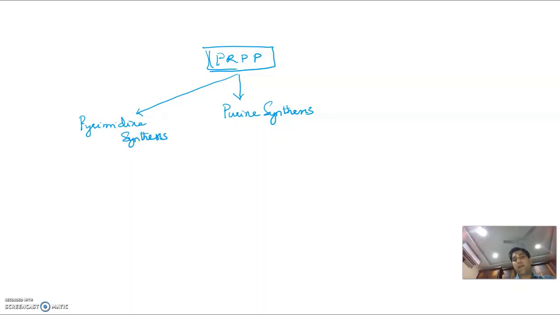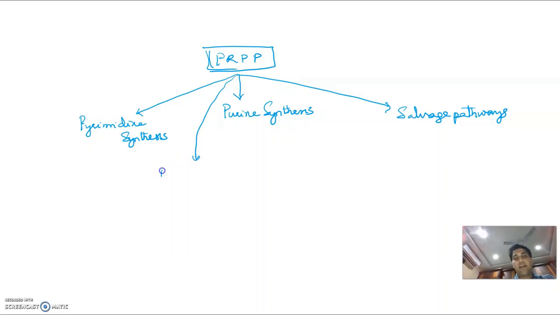It can also go into salvage pathways. It can also take part in histidine metabolism. Also it can take part in tryptophan metabolism.